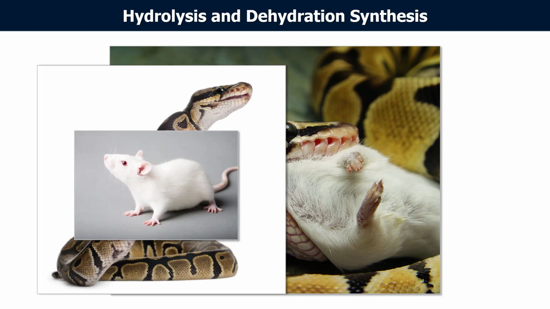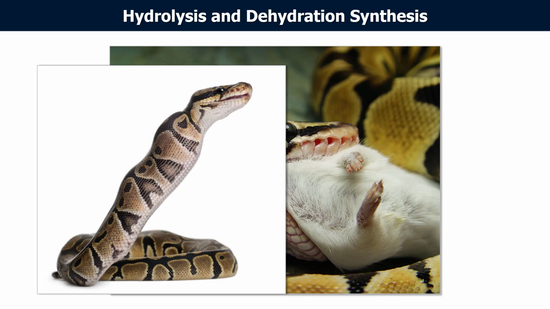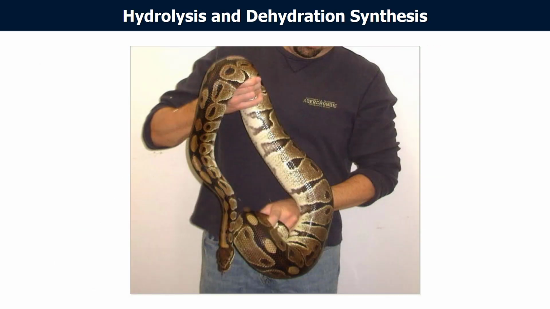So by hydrolysis, the rat will become disassembled into individual amino acids, individual saccharides, individual nucleotides, and so forth. And then, using dehydration synthesis, the snake will take those subunit molecules and reassemble them as snake molecules.